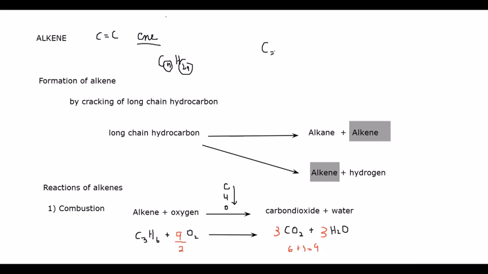If there are 2 carbon atoms, there should be 4 hydrogen atoms. If there are 3 carbon atoms, there should be 6 hydrogen atoms. If there are 4 carbon atoms, there should be 8 hydrogen. That's the general formula, CnH2n. What does it mean? It means the number of hydrogen is twice the number of carbon. Is it clear? Copy this part.